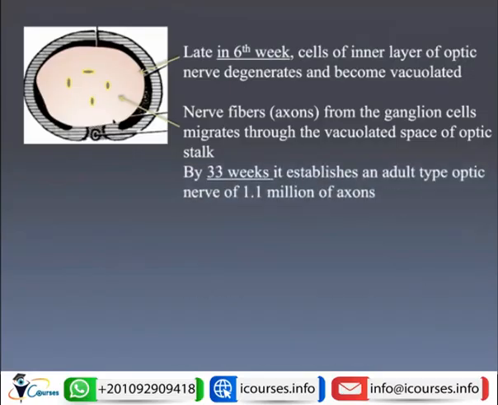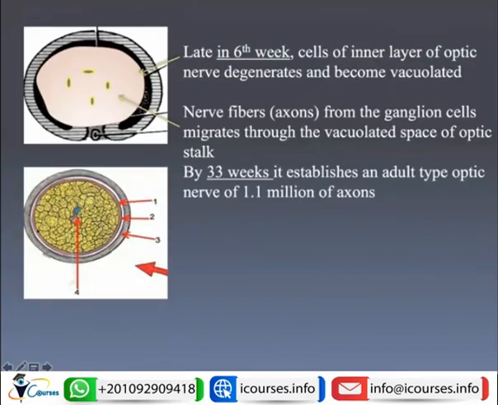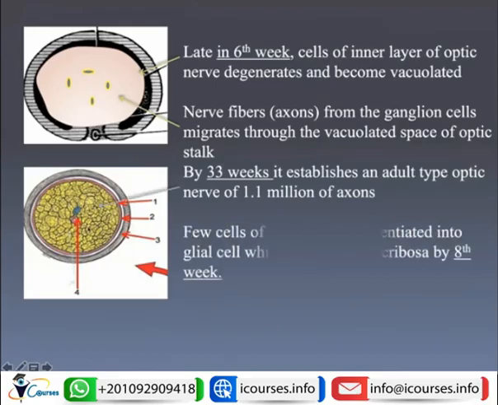Then at 33 weeks of gestation, the optic nerve assumes the adult size and configuration, consisting of about 1.1 to 1.2 million nerve fiber axons.